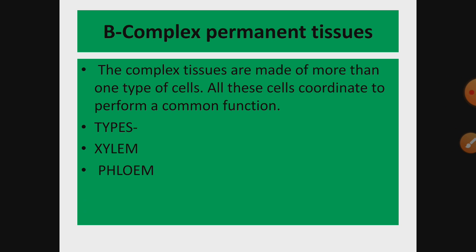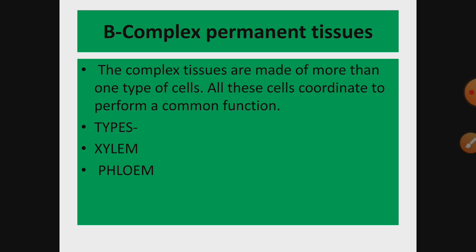If I ask you what is the difference between simple permanent tissue and complex permanent tissue, you will be able to give the answer after watching this video. Simple permanent tissue is made up of same kinds of cells. We have done this chapter earlier also. You have learned about parenchyma, sclerenchyma, collenchyma, and all cells were alike in that case.